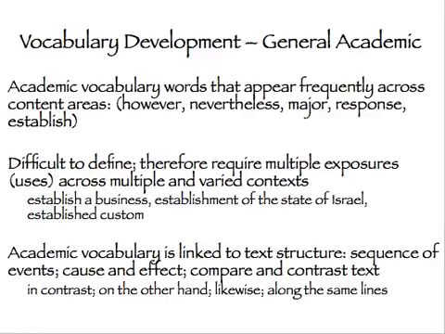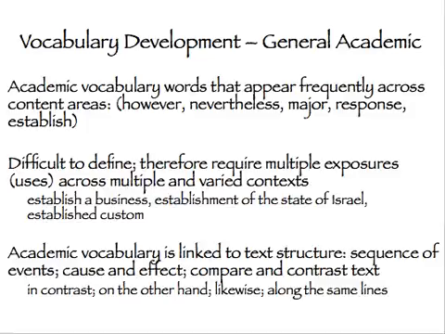General academic vocabulary, as I said, are words that appear frequently across content areas. They're sort of directional words. They're words that are difficult to define because they're rather abstract. And even though they appear in varied contexts and across the content areas, they probably need some instruction.